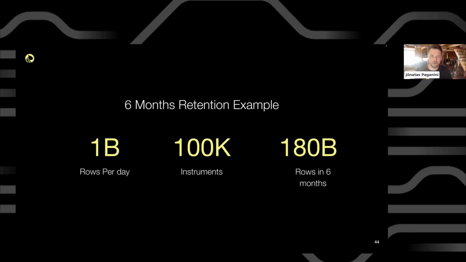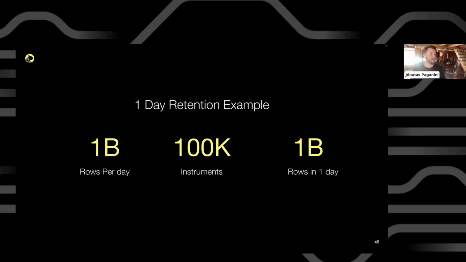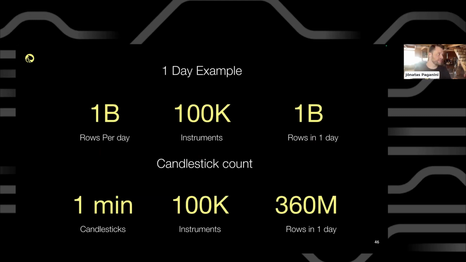So we always have 108 billion rows of raw data plus something else, like candlesticks. For example, if I have 1 day retention, I would just hold 1 billion rows, and that's most of my data set, and the rest of my data set will grow at a static rate, and I can measure this static rate.